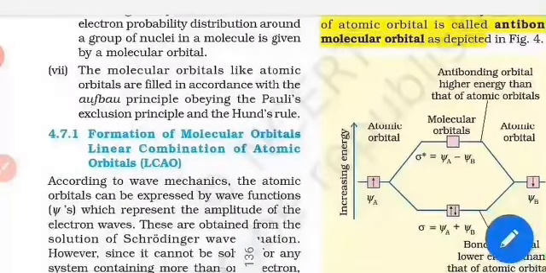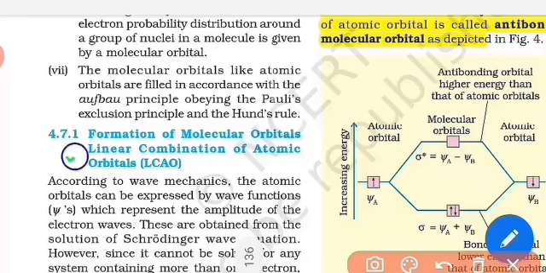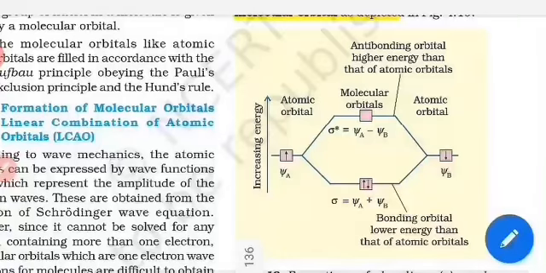Now molecular orbitals are formed by atomic orbitals by a process which is known as linear combination of atomic orbitals, or in short it is called LCAO. For this, molecular orbital theory considers the wave nature of electron.